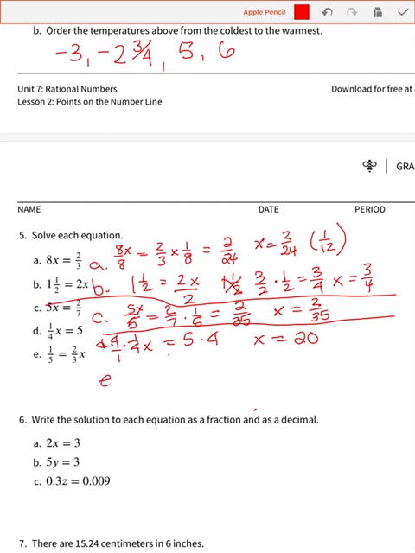And then we have E, 1/5 is equal to 2/3 x. Multiply this by its reciprocal and this by its reciprocal, and you get x is equal to 3/25.